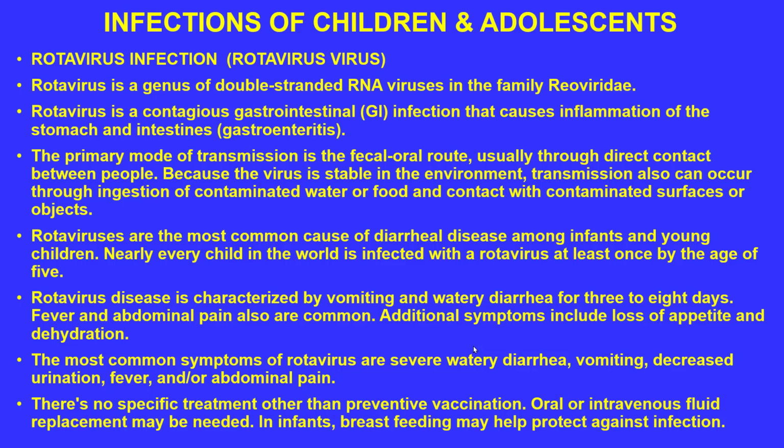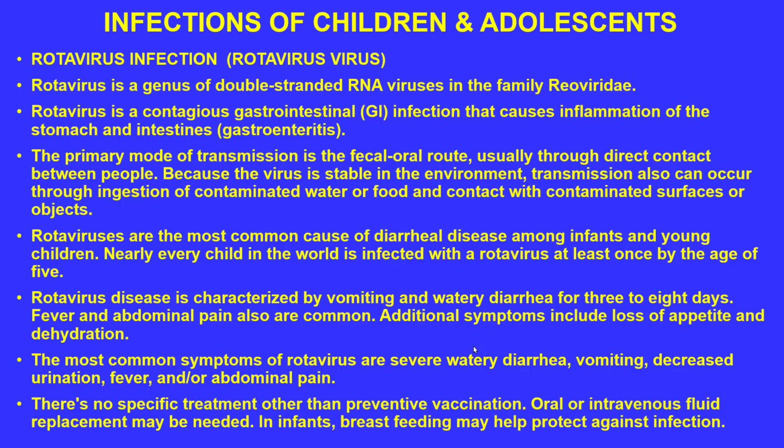The primary mode of transmission is the fecal-oral route, usually through direct contact between people. Because the virus is stable in the environment, transmission can also occur through ingestion of contaminated food or water and contaminated surfaces or objects. So therefore, we're talking about fomites being a possibility.